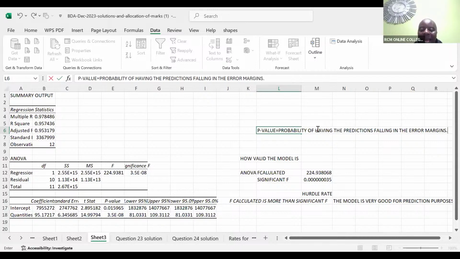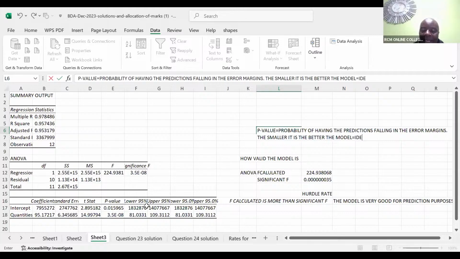The smaller the p-value is, the better the model. Or the smaller they are, because there are many p-values here.